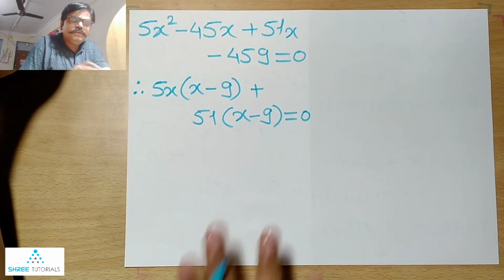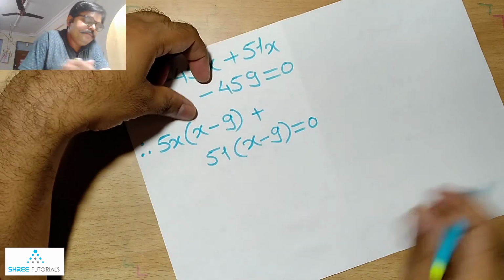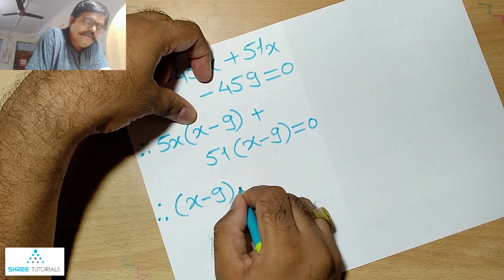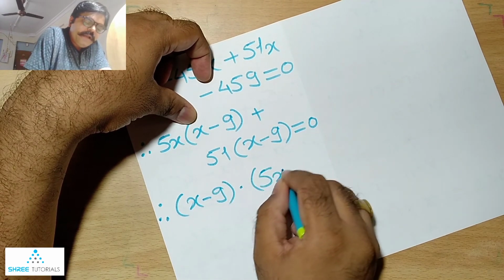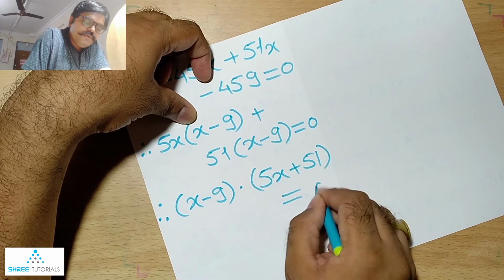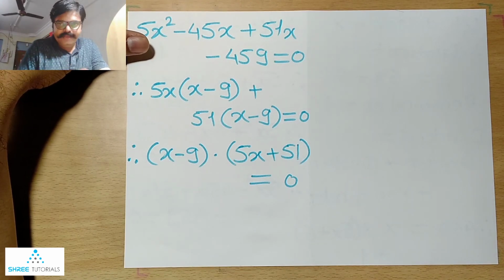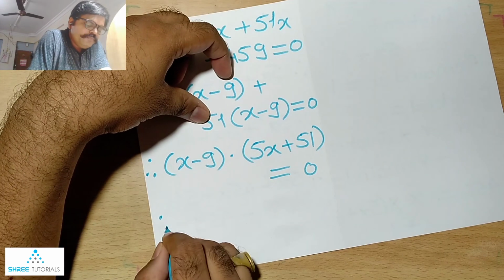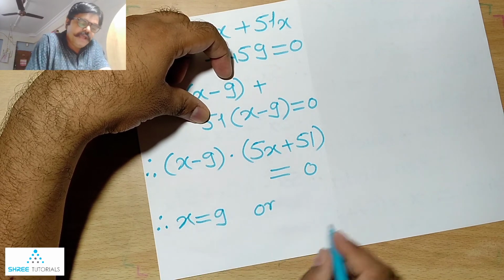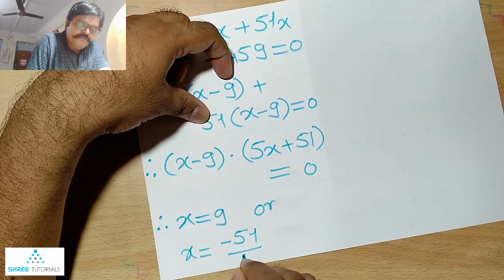Now both of these two things we are going to combine together, and therefore the equation will look like x minus 9 in the first bracket, and the second bracket will be 5x plus 51, is equal to 0. From both of these brackets, we will be calculating values of x, and therefore x will be equal to positive 9, or x is equal to minus 51 upon 5.